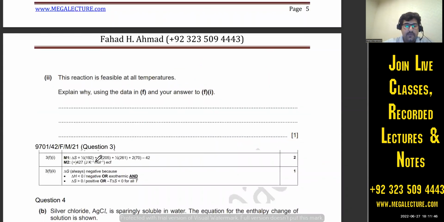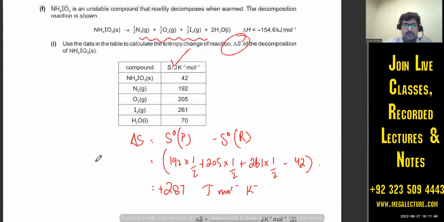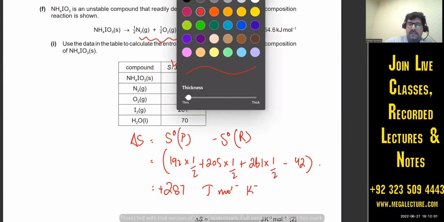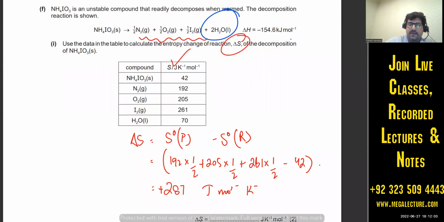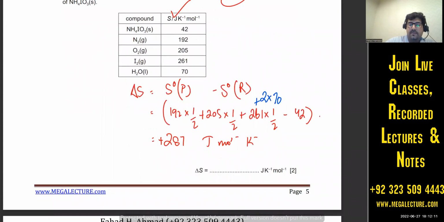Over here, you're getting 427. What's 2 into 70? I missed out H2O. I forgot to write H2O. Let me correct this error. That's in my products, I had 2 H2Os as well. So that's 2 into 70. So I'm going to get 427 for this. So products minus reactants.